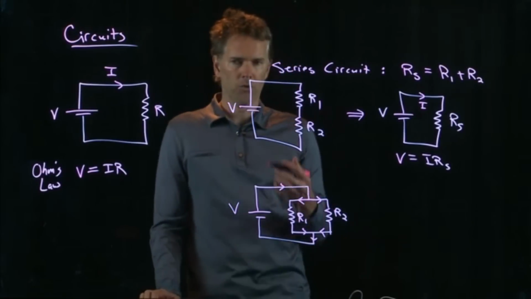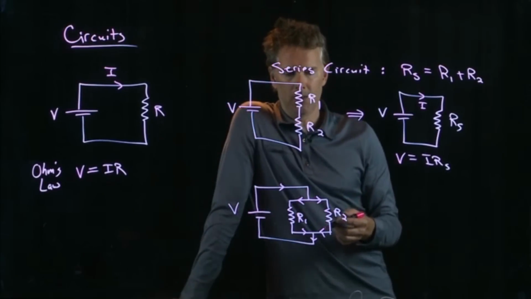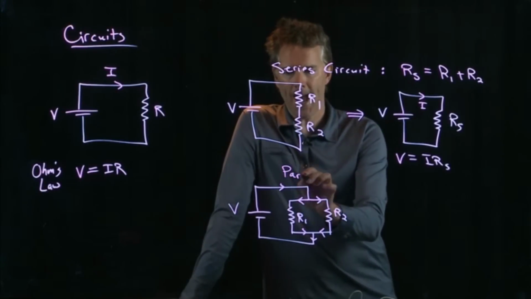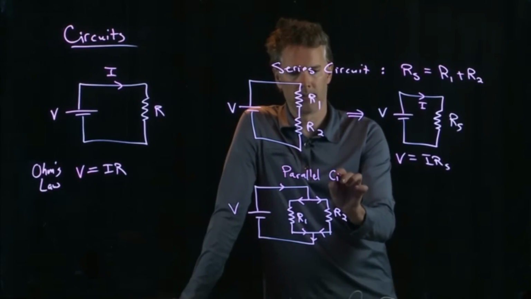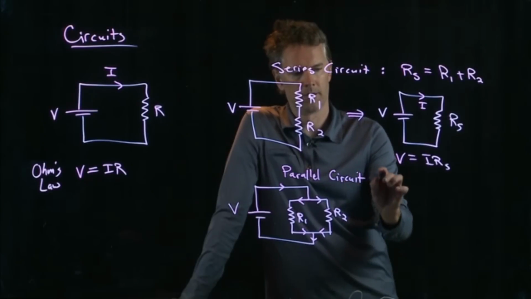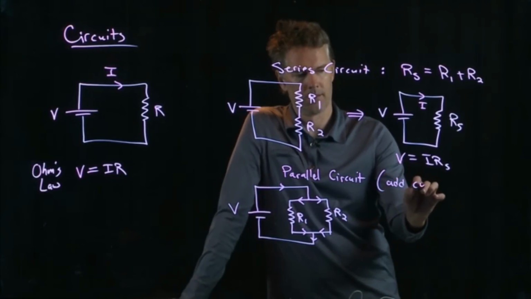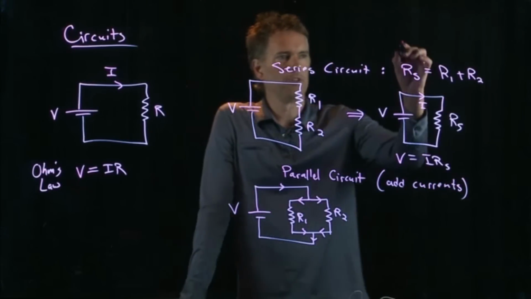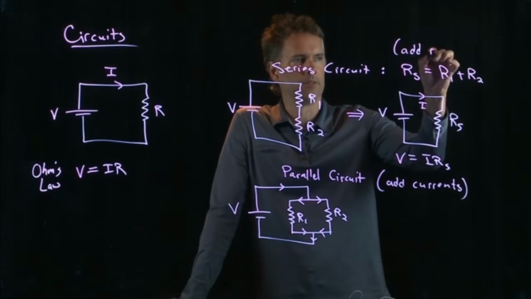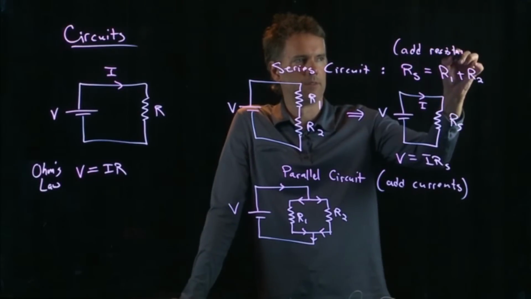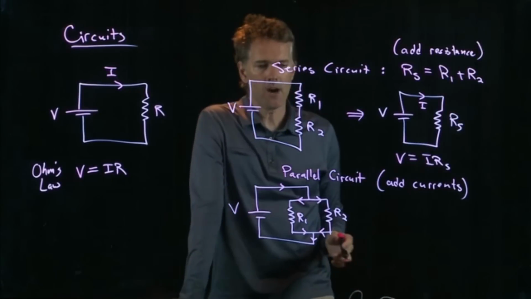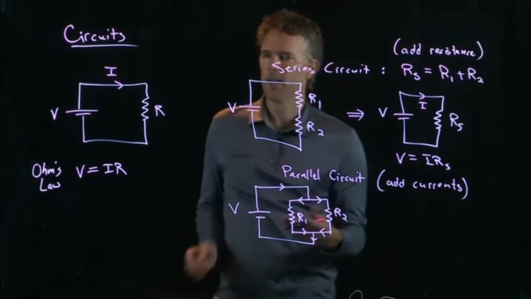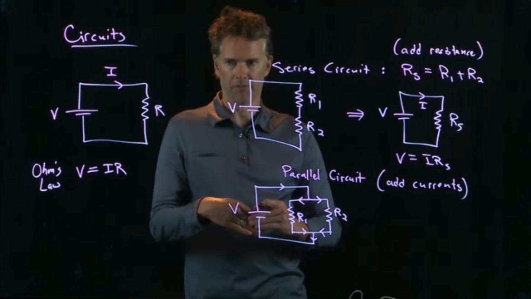Okay? The end result of doing that is you don't just add up the resistors like we did before, you have to add currents. Here we were just adding resistors. But now what we're going to do is add currents, and we know that current goes like 1 over resistance, right?